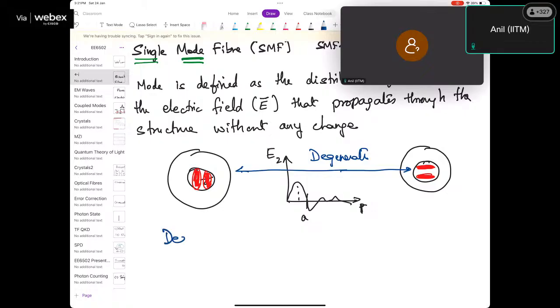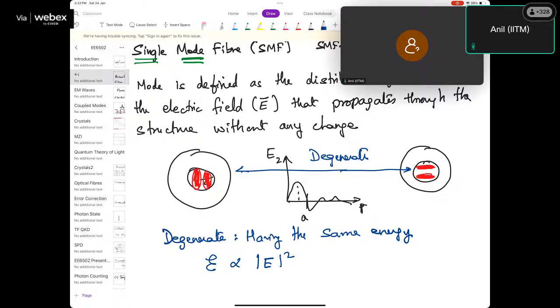Degenerate means having the same energy. Now that I've introduced the concept of energy, I have to define it. So we can claim that the energy is proportional to E square. All right.